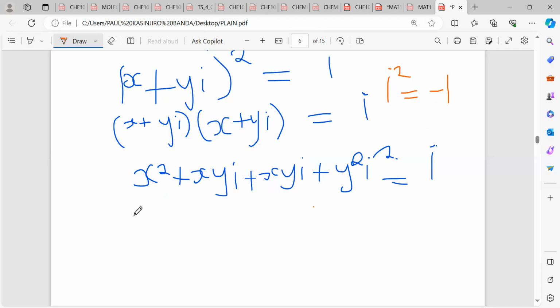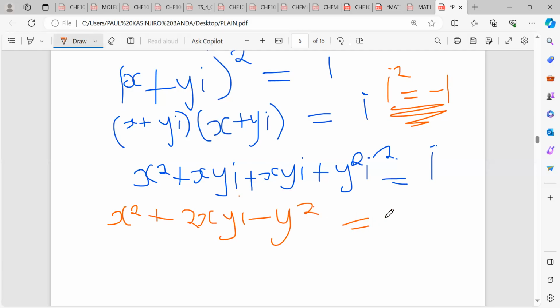Wherever you see i squared, you can replace it with -1. So continuing our equation: x squared plus, these are the same thing so you add them, 2xyi. Then here we have y squared multiplied by -1, because i squared is equal to -1, so in short we only have minus y squared, is equal to i.